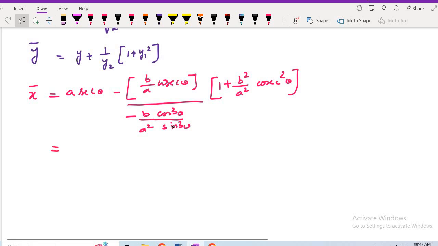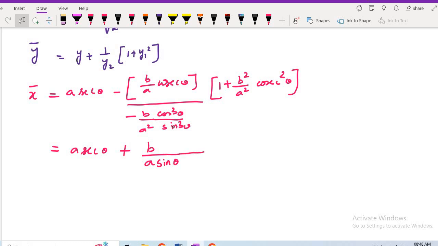Okay, so here a secant theta, because if any term is missing we won't get the result. So here minus minus becomes a plus. The remaining is b divided by a, and cosecant theta can be written as 1 by sine theta. Then in this denominator we already have b cos cube theta, so denominator to denominator means it goes to the numerator.